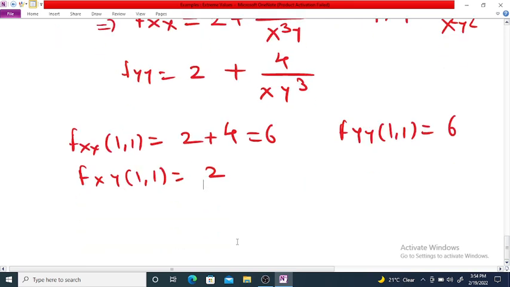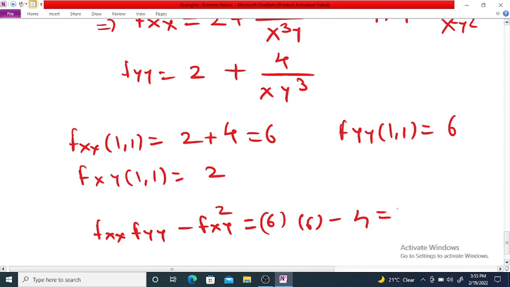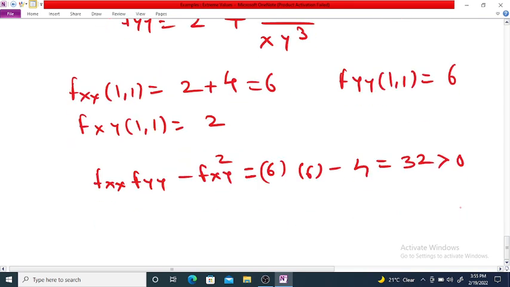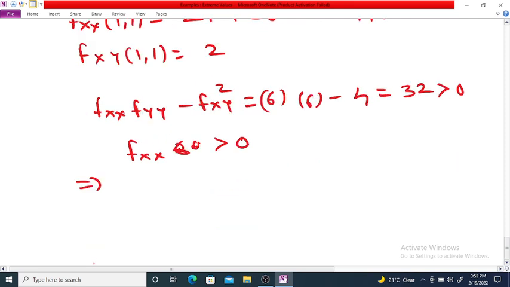So f of xx times f of yy minus f of xy square is equal to 6 into 6 minus 4, so this is 36 minus 4, that is 32, which is greater than 0, and f of xx is greater than 0. f of xx is 6, which is greater than 0, and therefore at 1, f of xy is a local minimum.